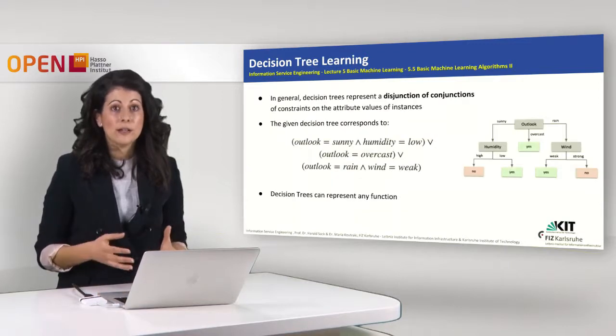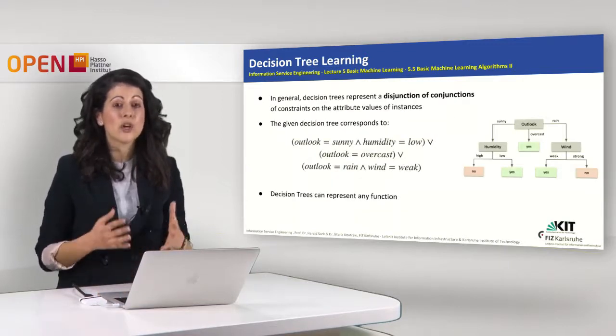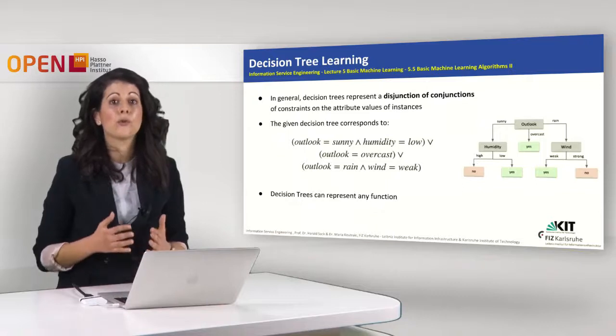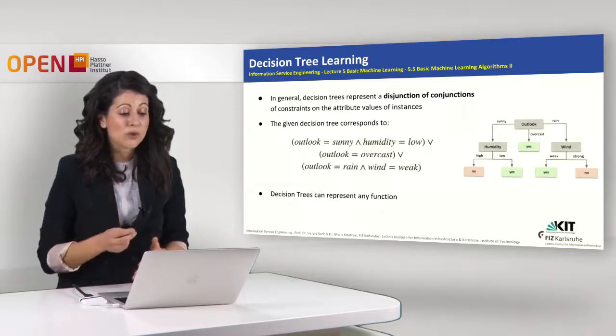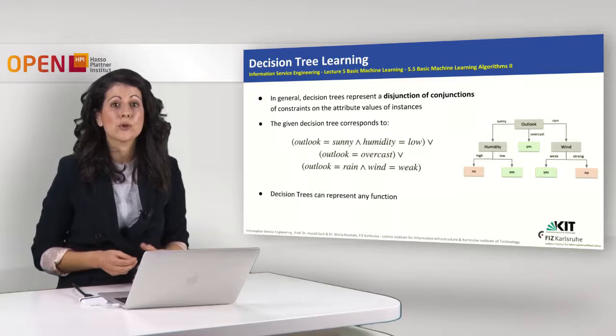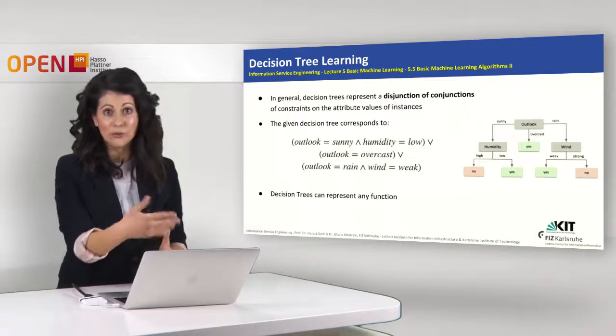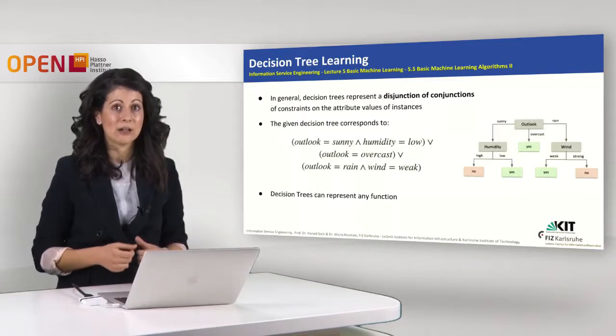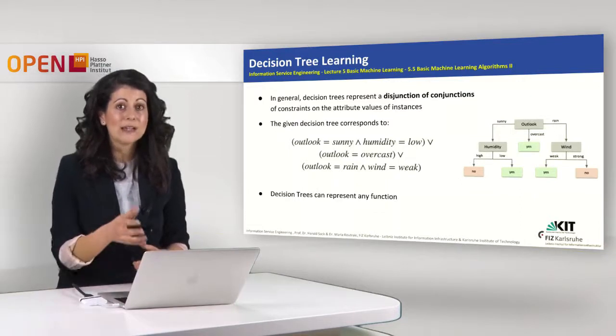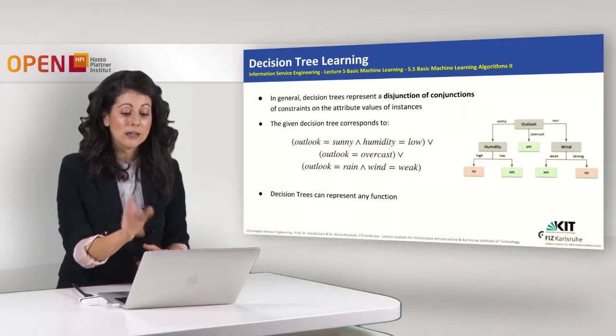In general, a decision tree represents a disjunction of conjunctions of constraints on the attribute values of instances. It might sound complicated, but it is not if you read it again and pay a bit of attention. Let's see what this means in the given decision tree.